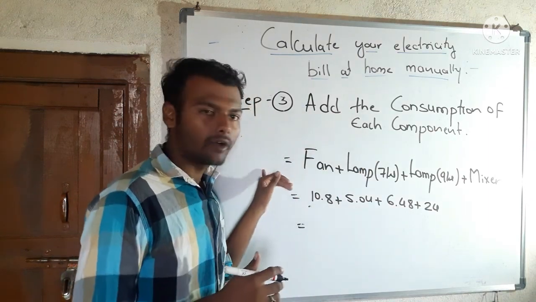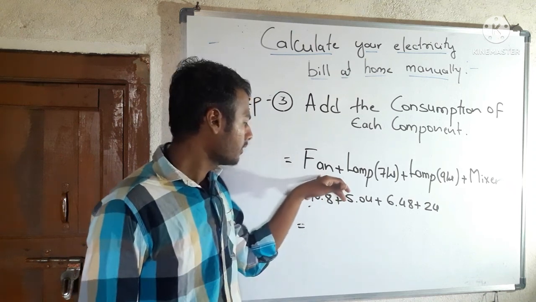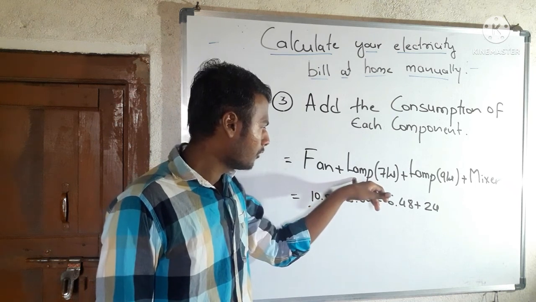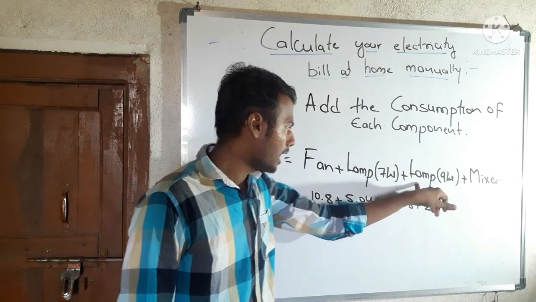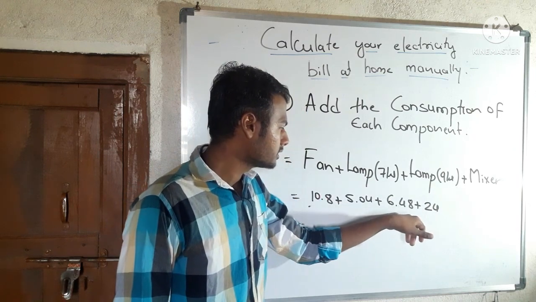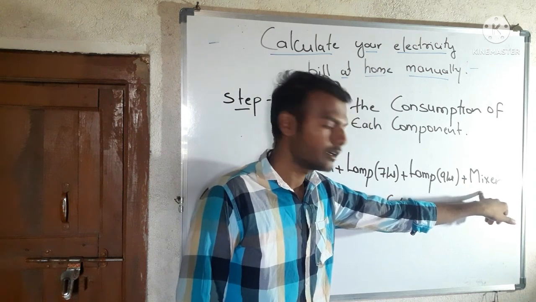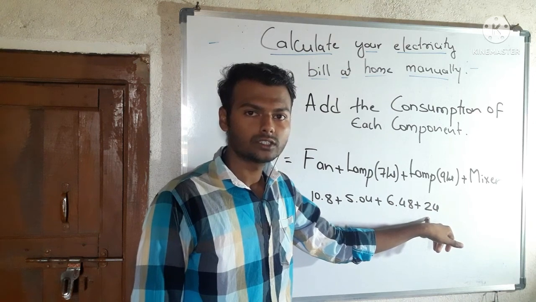We need to find the total consumption. For fan, we got 10.8 kilowatt hour. For a lamp of 7 watt, we got 5.04 kilowatt hour. For a lamp of 9 watt, we got 6.48 kilowatt hour, and for a mixer of 1500 watts, we got 24 kilowatt hour of usage per month.